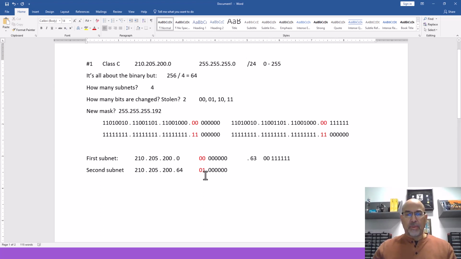Now, if I follow the same rule and I put all ones in the host portion, then what I'm doing is saying 64 plus 63, or just I would do the addition and I would get 127. So what does that look like? Like that. And again, same subnet field.